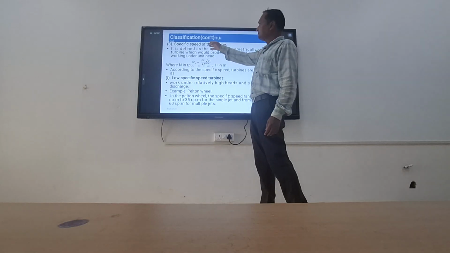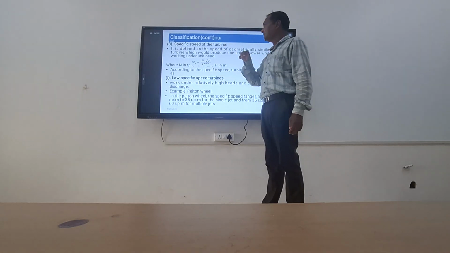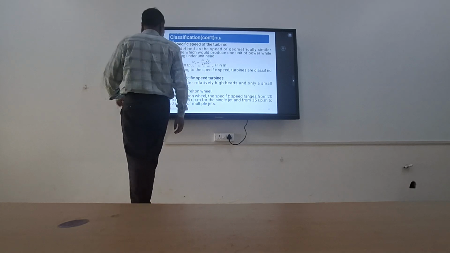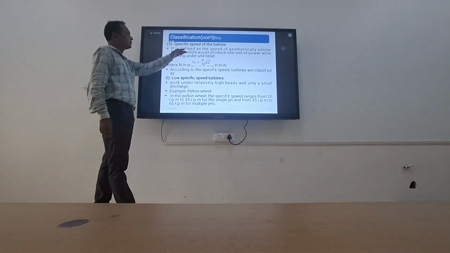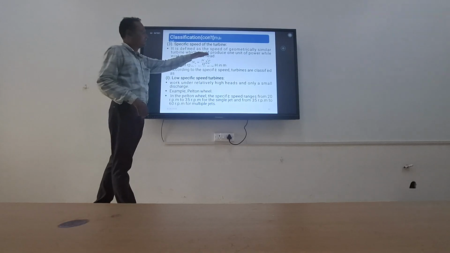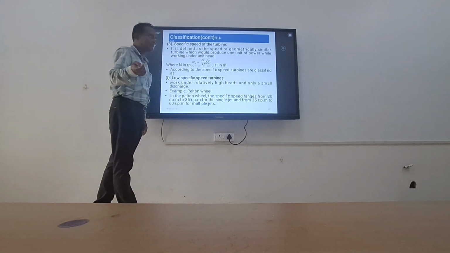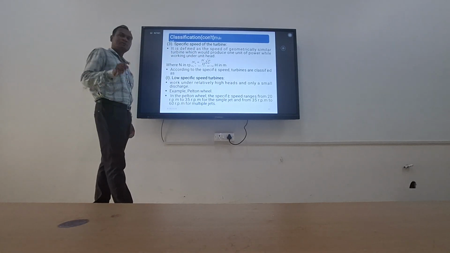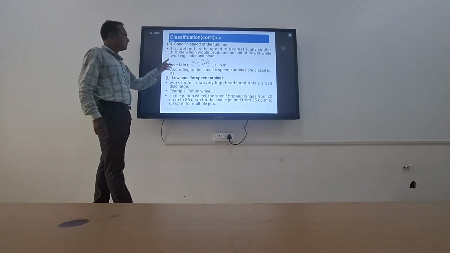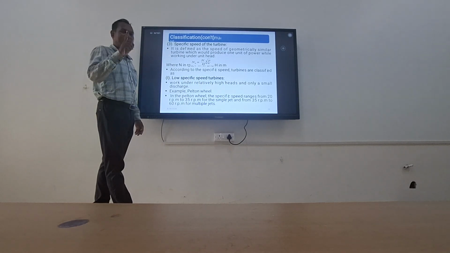Next, turbines can be classified according to their specific speed. First of all, you should know what the specific speed of a turbine is. It is defined as the speed of a geometrically similar turbine which would produce 1 unit of power while working under a unit head.